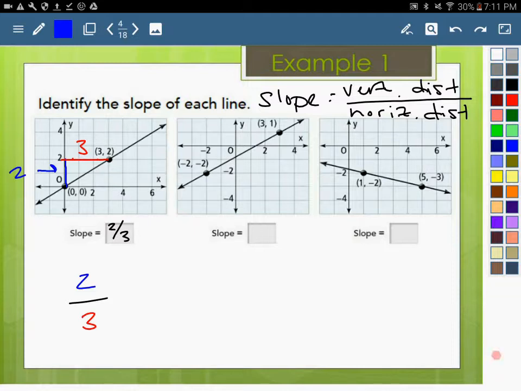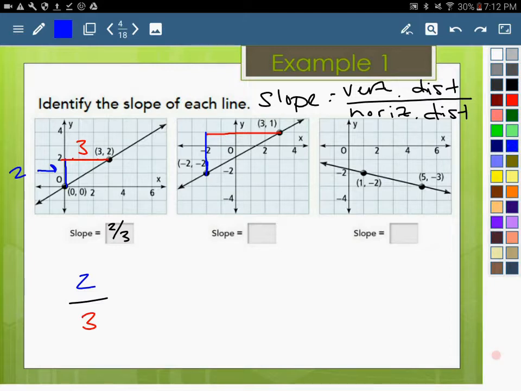Now I'm going to do the same thing for the following 2 graphs, starting at the leftmost point and then going to the rightmost point. Putting my pencil on the leftmost point, I travel upwards, stop at the highest point, and then figure out the horizontal distance. So I'm basically just drawing a triangle. I follow the grid line vertically until I'm at the same height as the second point, and then draw the line horizontally until I reach that second point.